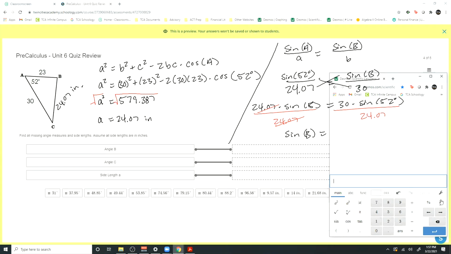Make it a fraction, 30 times the sine of 52 over 24.07. So the sine of b is equal to 0.9821.